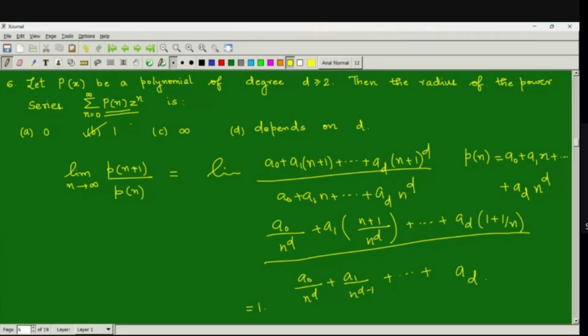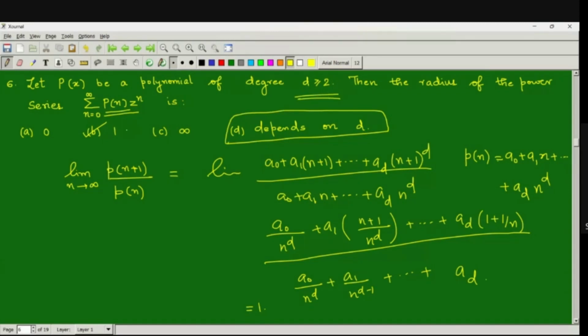Otherwise, of course, you cannot take a series kind of thing. They are just restricting to some d, but to make this option make some sense, they have given d greater than or equal to 2.